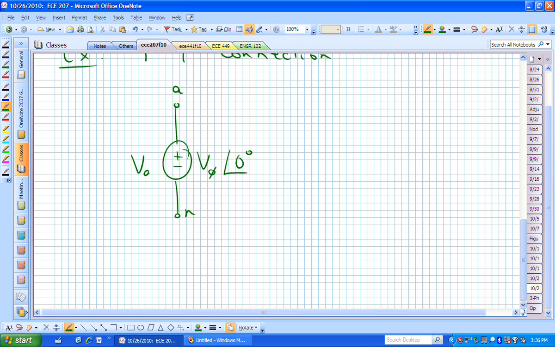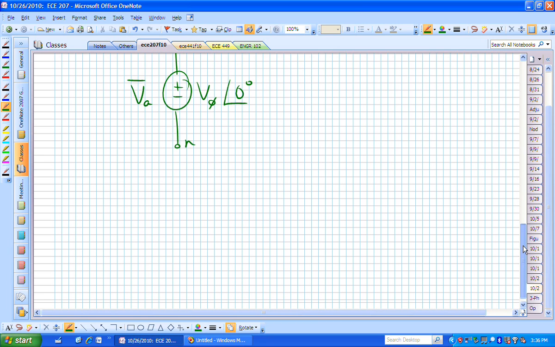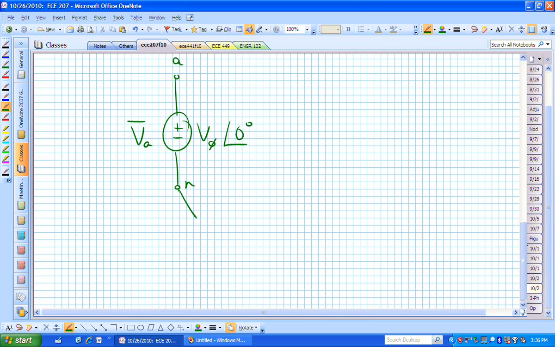This might be then the V sub A phasor. We also have the B phase and the C phase. And notice their negative terminals are all connected together at the common node or the common neutral location.